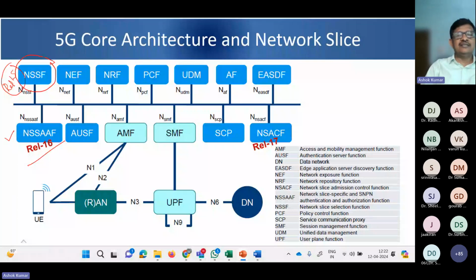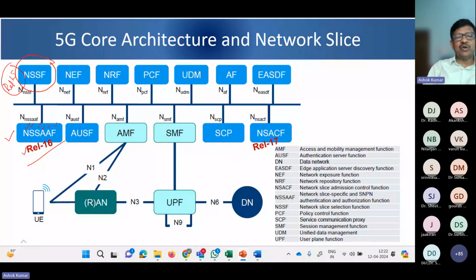What was that? Network slice specific authentication and authorization function. So this really came in Release 16. Now we can authenticate within the slice also, in addition to the initial authentication that happens for a user equipment.